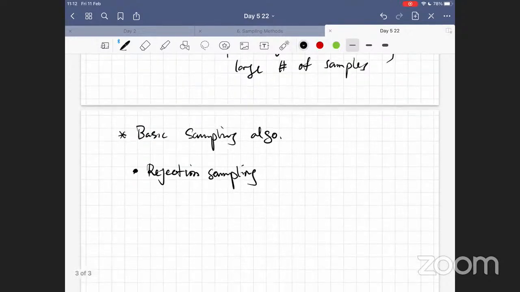In rejection sampling, the task is to sample from a distribution, and this distribution is typically of the following form: some distribution normalized by a normalization factor.